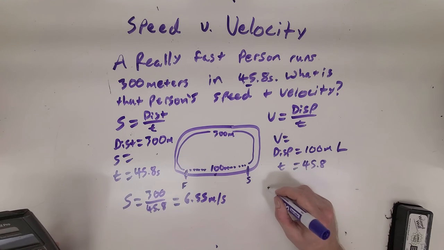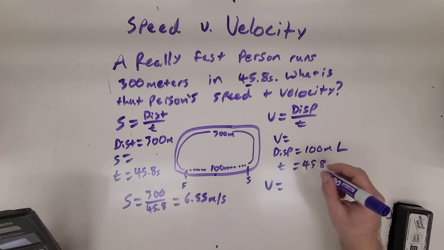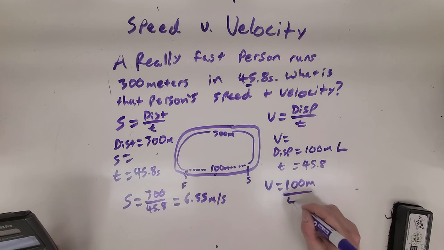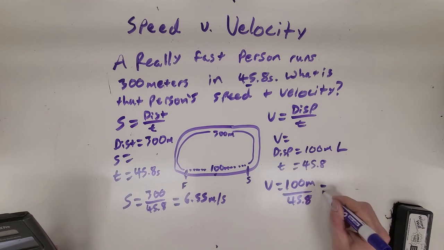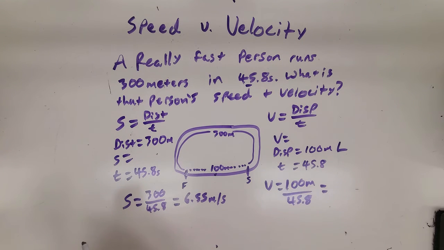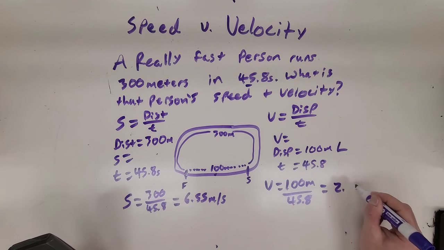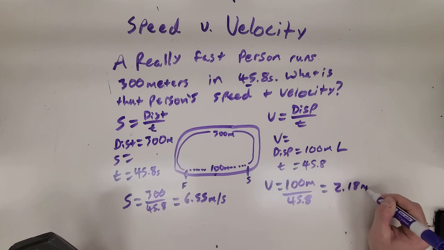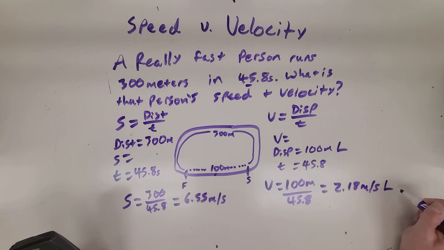And then we do the same thing here. We've got velocity is equal to displacement, 100 meters over the same amount of time. And that's going to come out to 2.18 meters per second left.